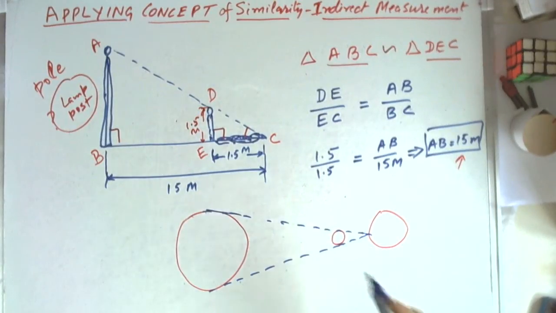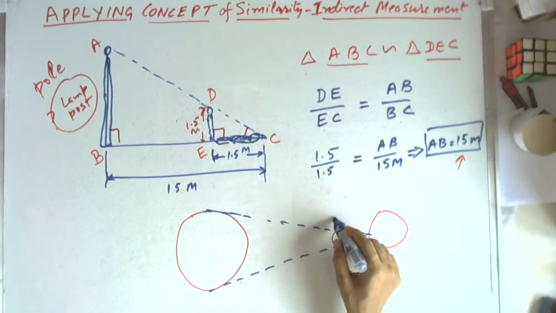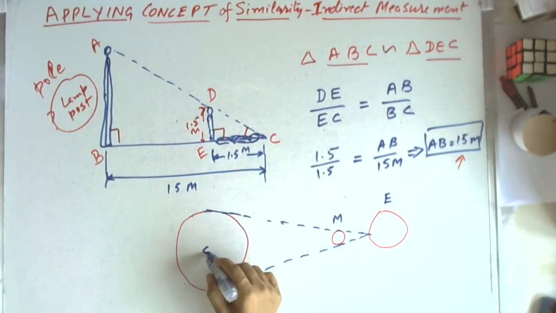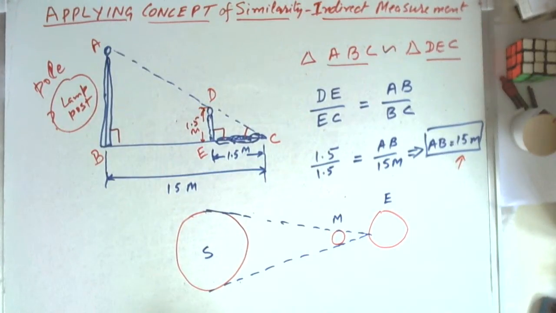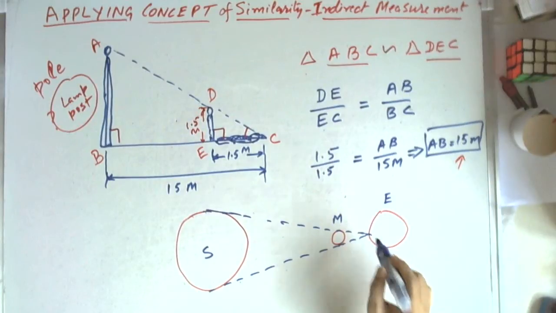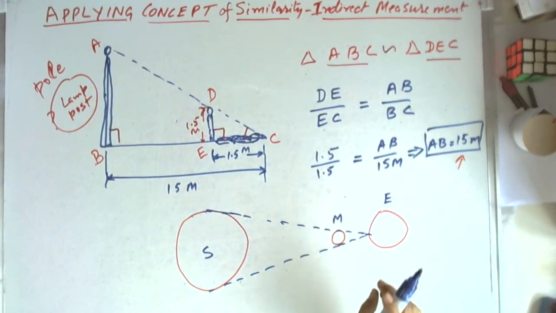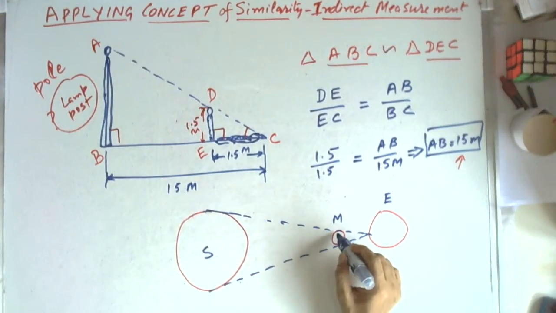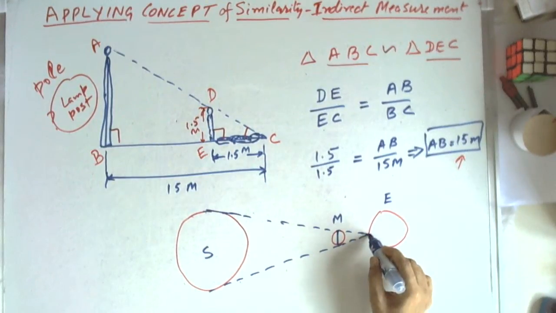So this is the moon, this is the earth, and this is the sun. Now in the case of a total solar eclipse, which normally lasts only for a very small period, like 1 to 2 minutes, the moon fully covers the sun, and then we have a concept very similar, like similarity.